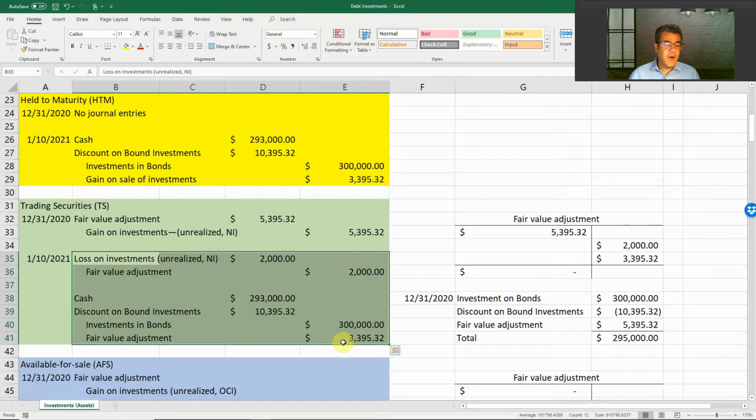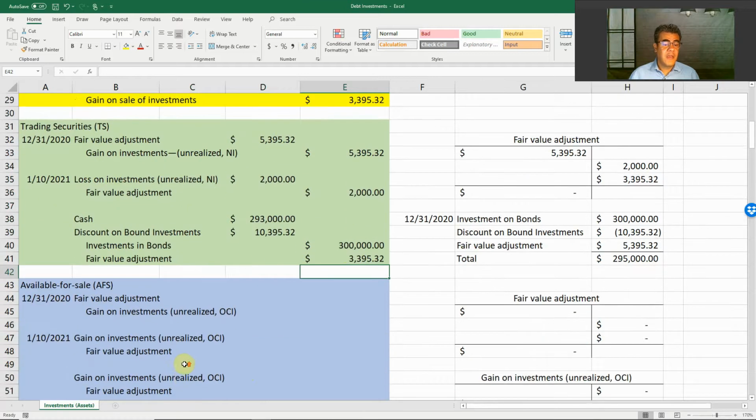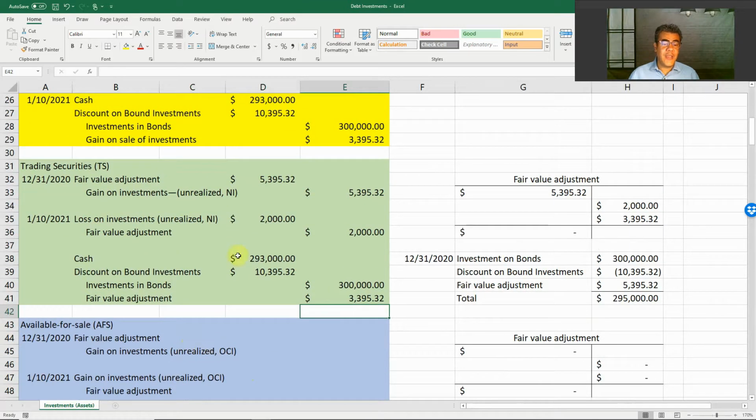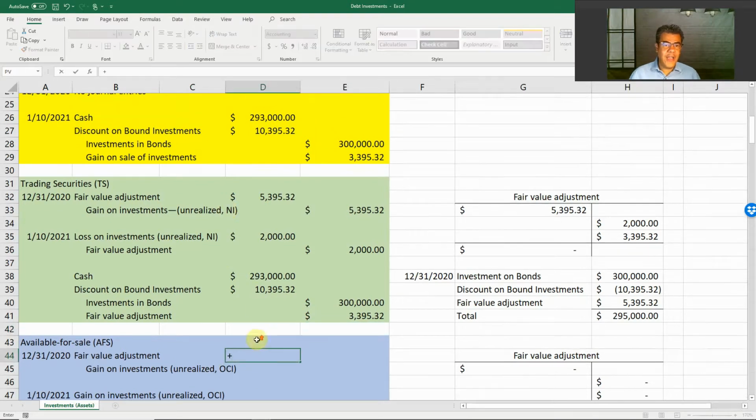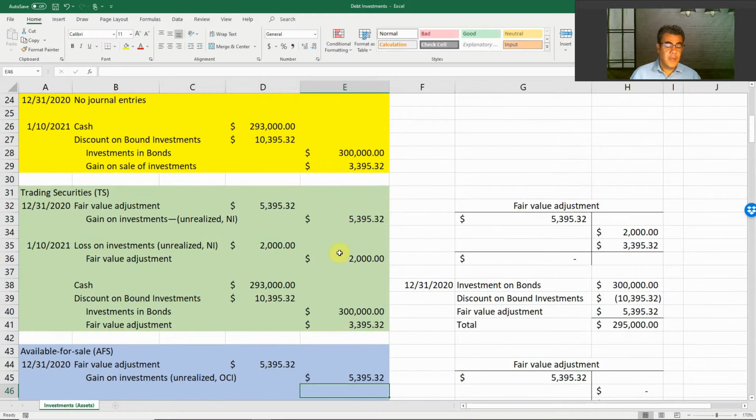Now available for sale, it is pretty much the same as trading, especially on December 31st. Fair value adjustment, gain on investment. However, the difference is the unrealized other comprehensive income instead of net income. So fair value adjustment, the same 5, gain, the same 5.